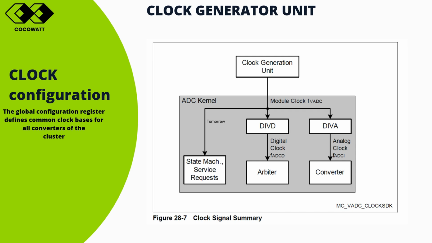This setup ensures predictable and synchronized behavior, especially when multiple converters need to operate in parallel. The key clock signal for the analog converters is called FADCI. It directly affects the performance of the converters, and it's important to select it carefully.